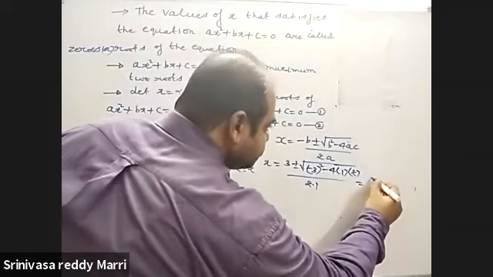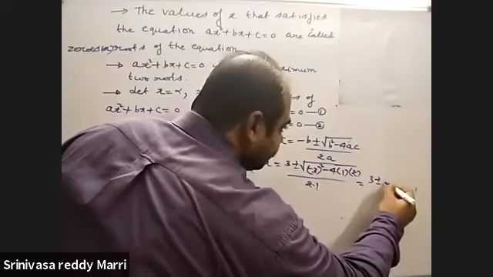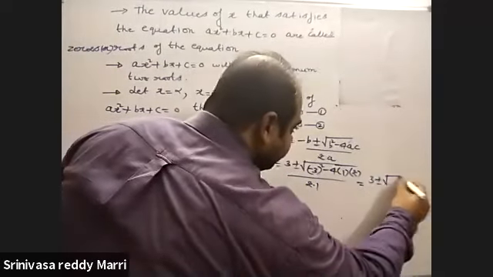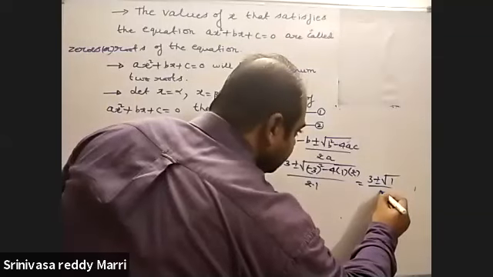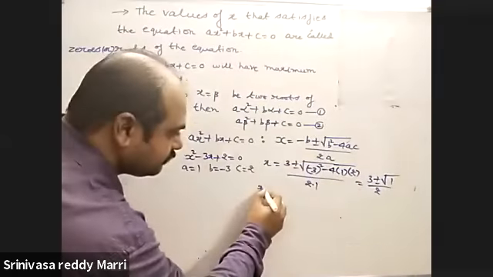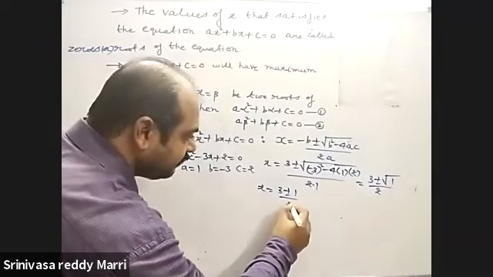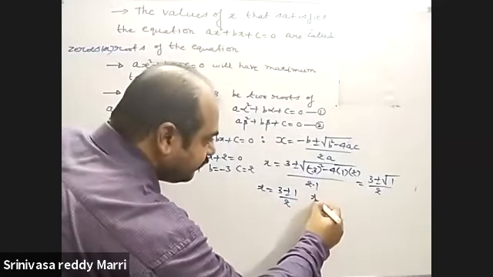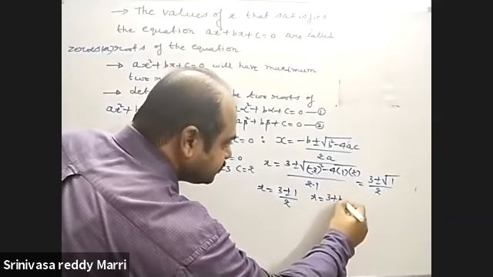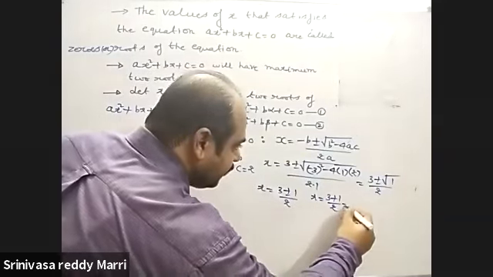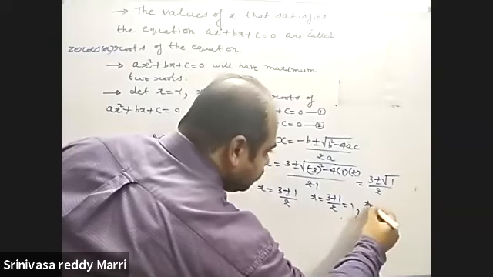So 3 plus or minus root of 9 minus 8, that is 1, divided by 2. So x equal to 3 plus or minus 1 by 2. That means one root is 3 plus 1 by 2, that is 2, and the other root is 1.